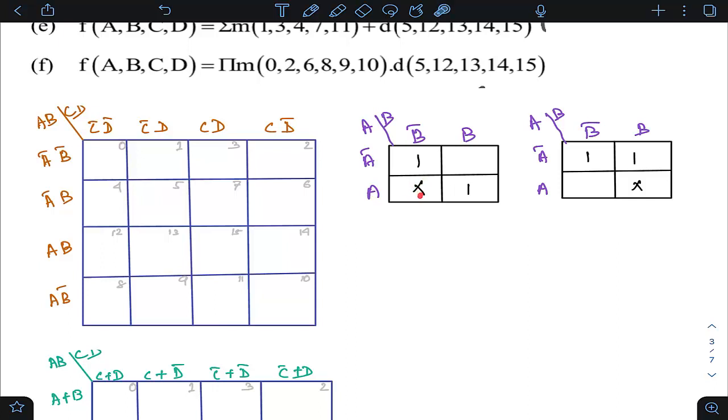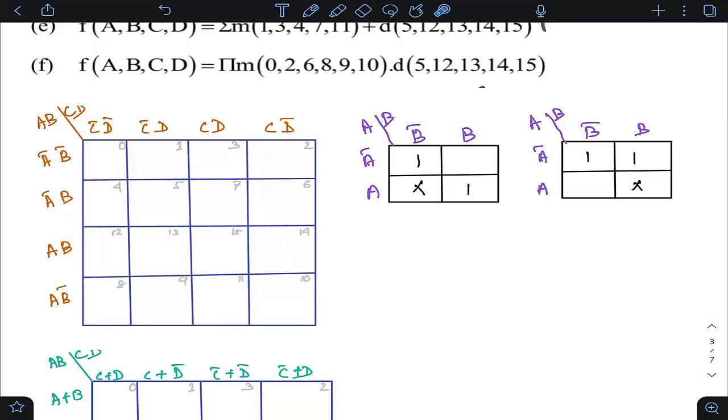So while doing grouping, it is your call what you want to take, 0 or 1. But in your mind, you should always think that your goal is to generate a big size group. So by selecting don't care as 1, if you are able to generate a quad, and if you are making don't care as 0, that quad is not happening and you are ending up with a pair, then you should definitely go for 1 so that you can generate a quad. That is the point.